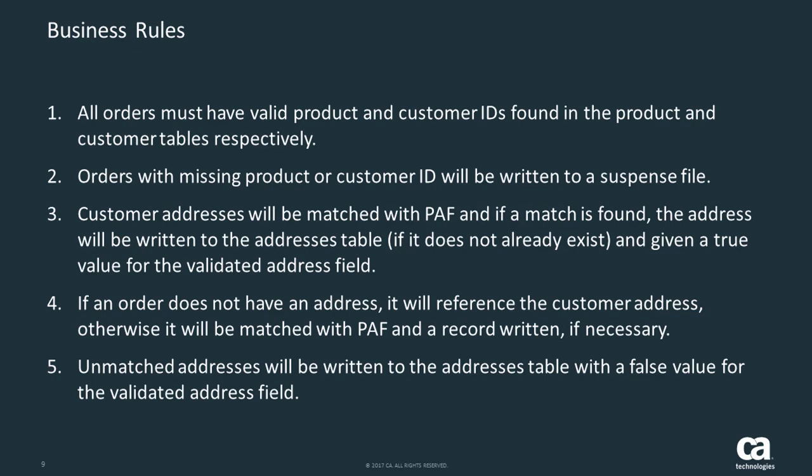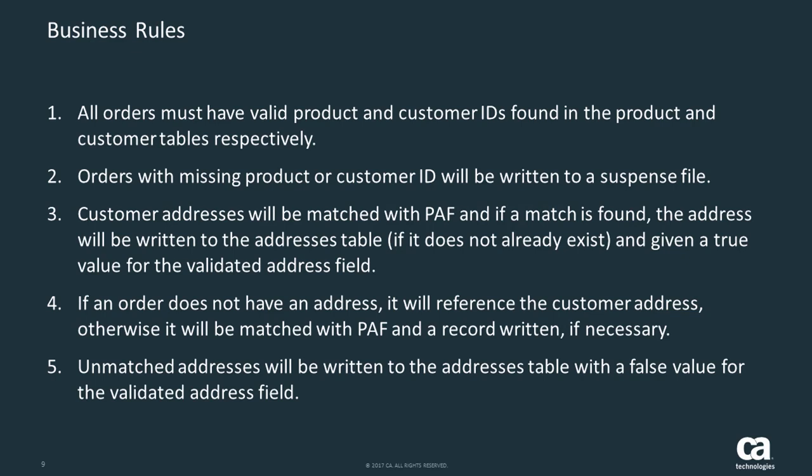Customer addresses and the order addresses will be matched with the postal address file, and if a match is found, the address will be written to the addresses table if it doesn't already exist. And the detail in the PAF file, the full address details, will be referenced in the address table as it's generated.